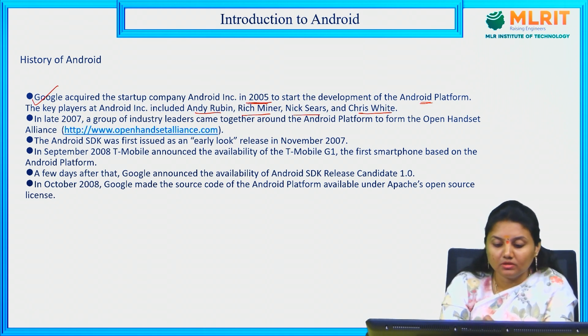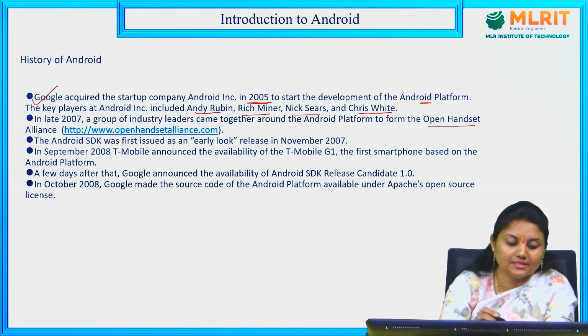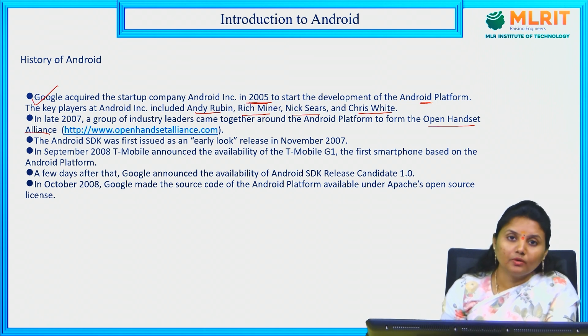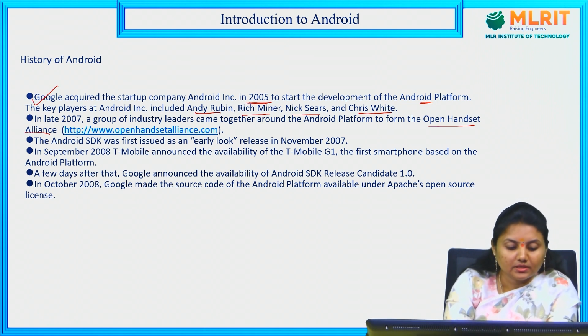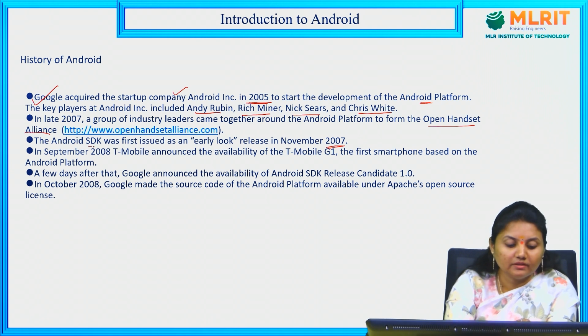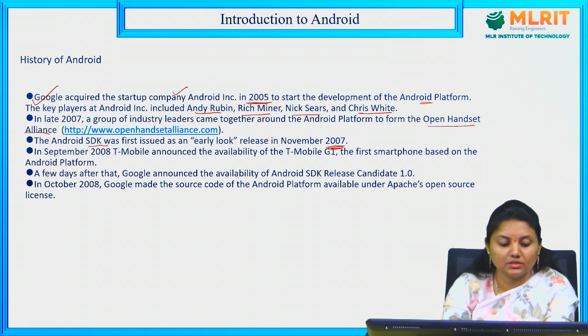Later the Android platform formed the Open Handset Alliance, in 2007. Again, some other authors got started. The Android SDK was first issued as an early look, released in 2007. Even though they started in 2005, the SDK was first issued as an early look, released in November 2007.